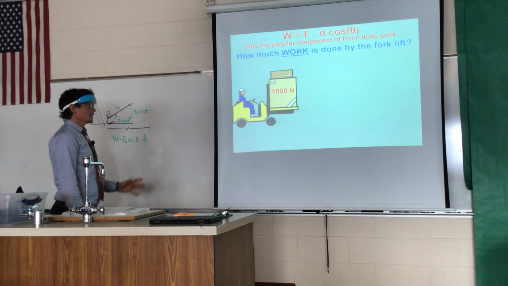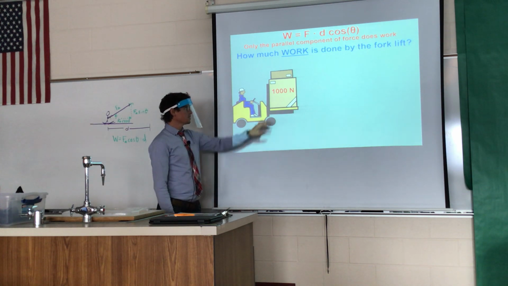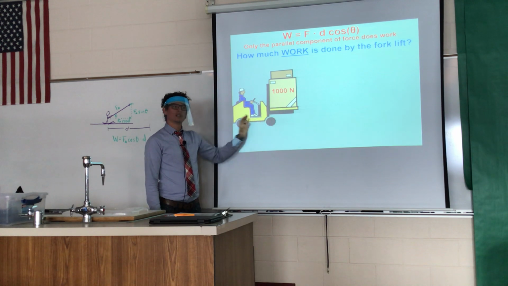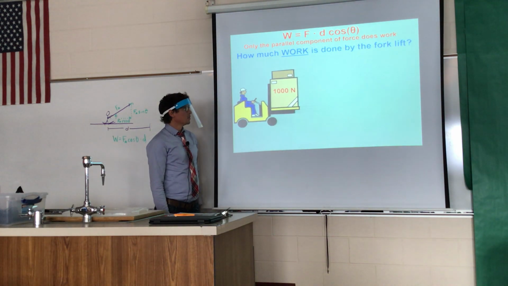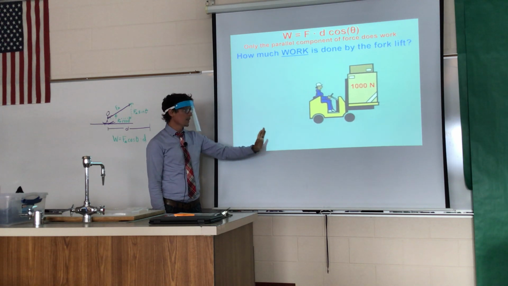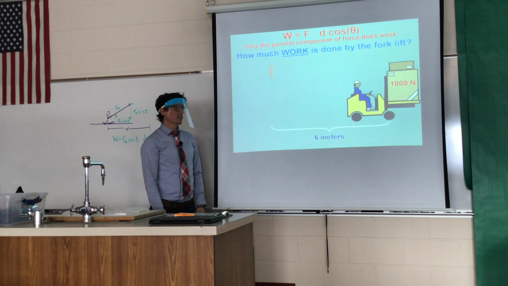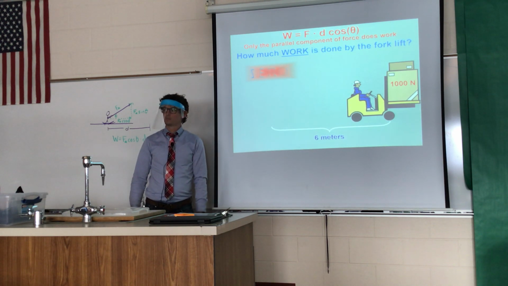Okay, a couple more examples. Let's say we've got a forklift, and it's got this big weight of 1,000 newtons, and it's just going to roll over here, slow constant velocity. It's not accelerating or anything, it's just going slow. And let's say it goes 6 meters.